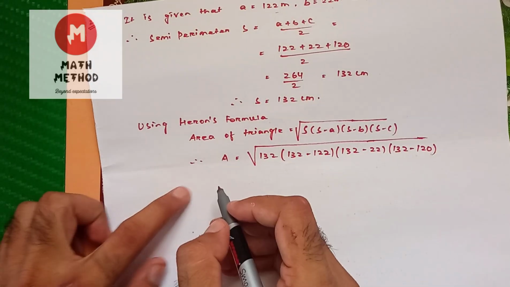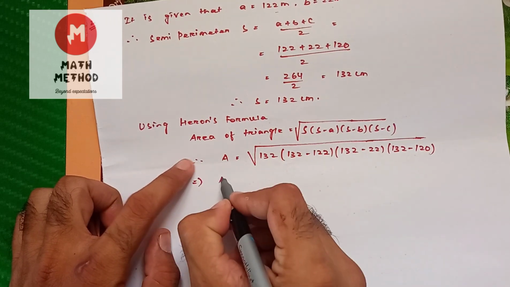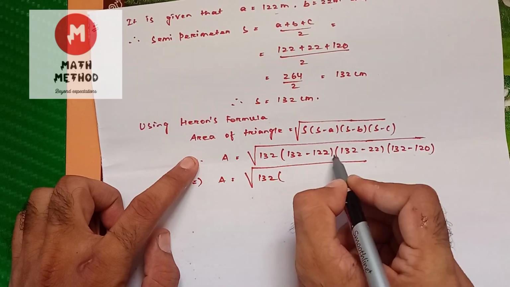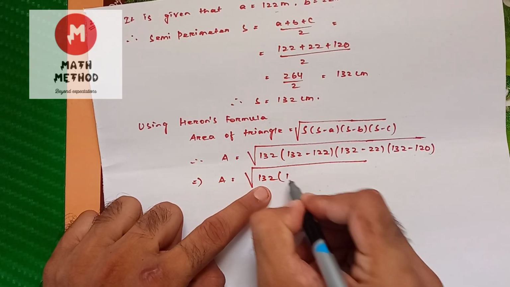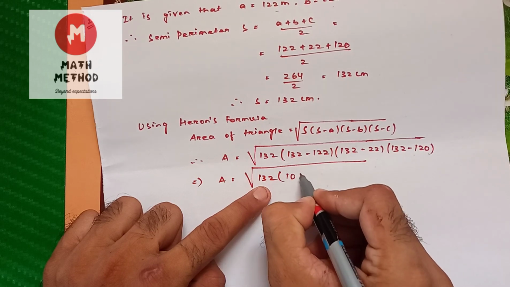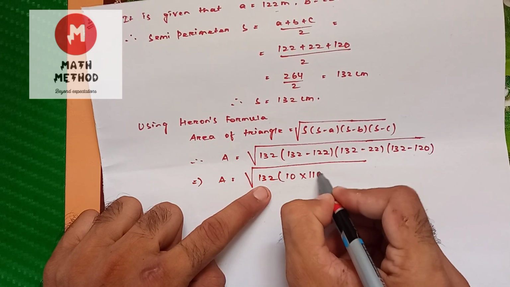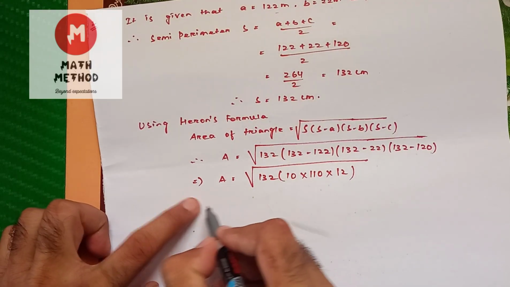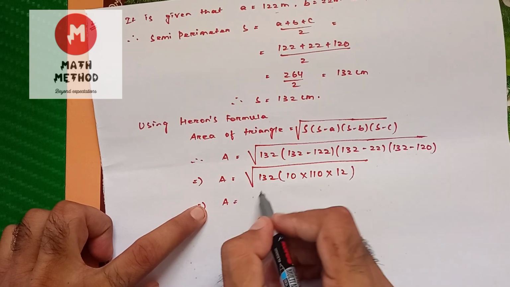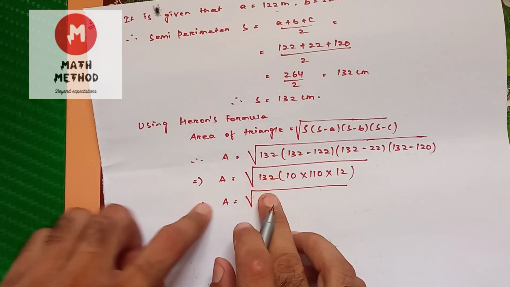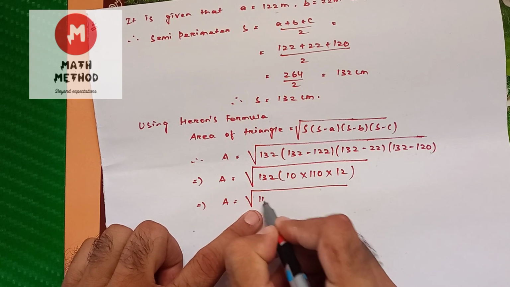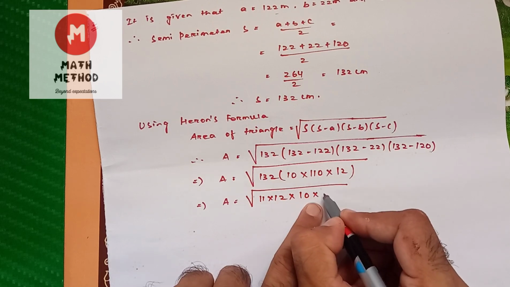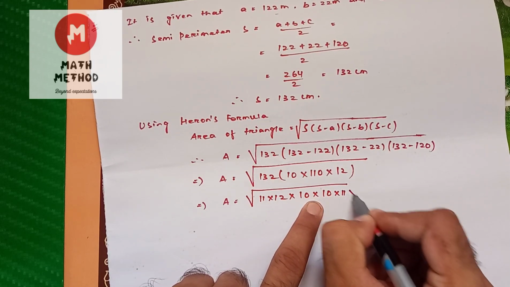Clear? Now A is equal to root over 132 into (132 minus 122, which is 10) into 110 into 12. Implies A is equal to root over 11 into 12 into 10 into 10 into 11 into 12.